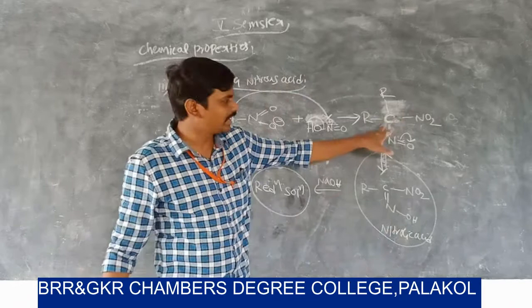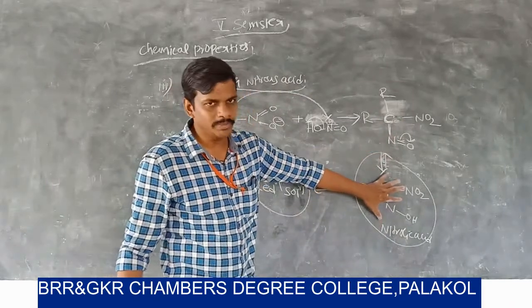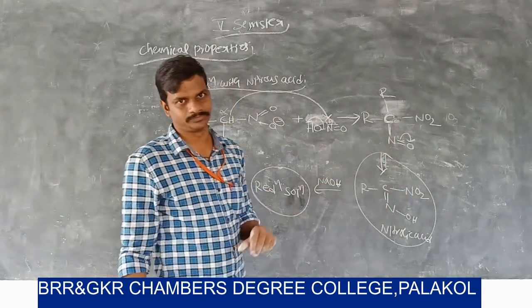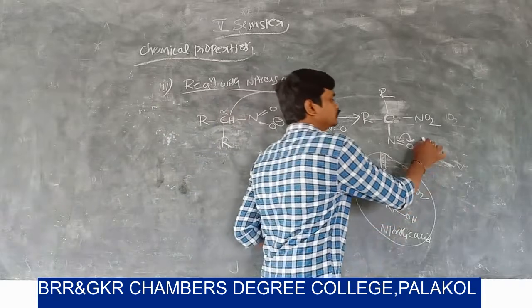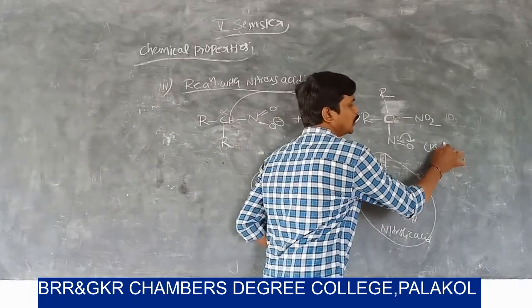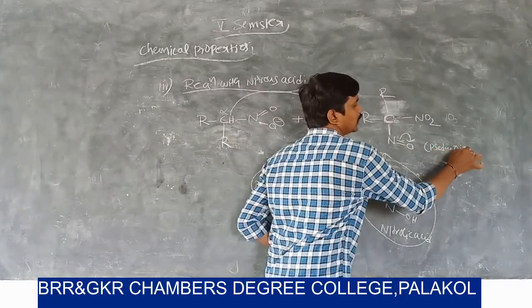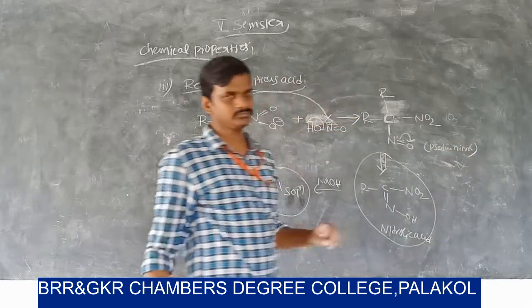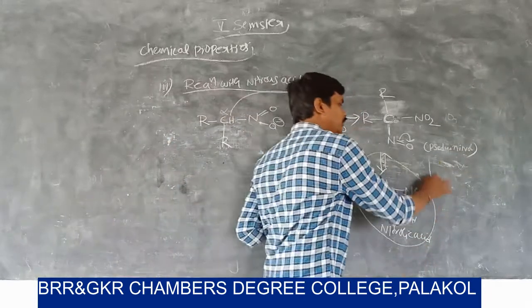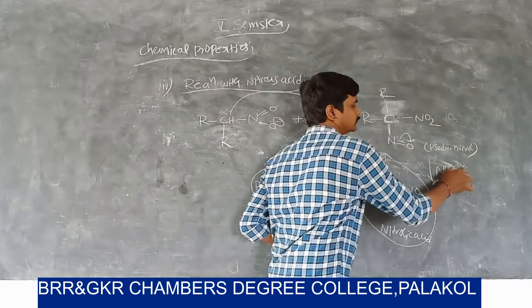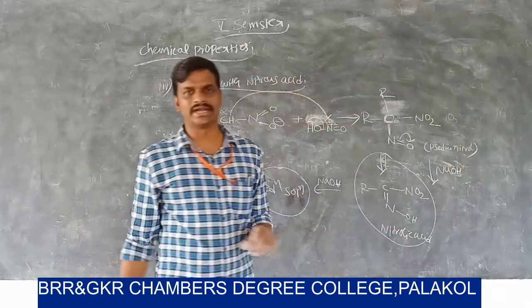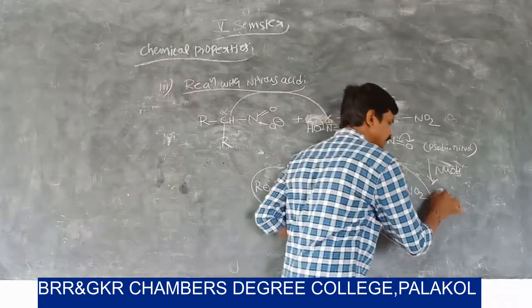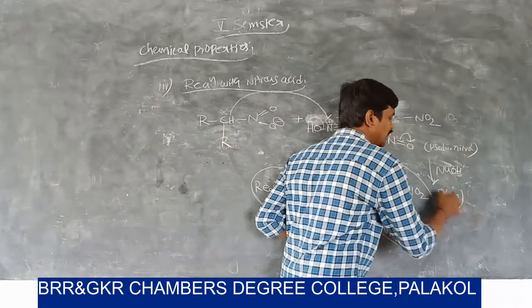Due to the lack of alpha hydrogen atoms, the tautomeric structure is not formed. Now this is called pseudo-nitrol. This pseudo-nitrol on treatment with sodium hydroxide gives a blue color solution.